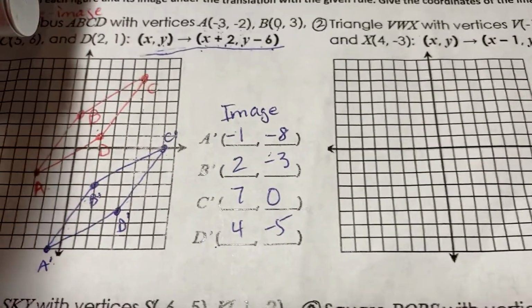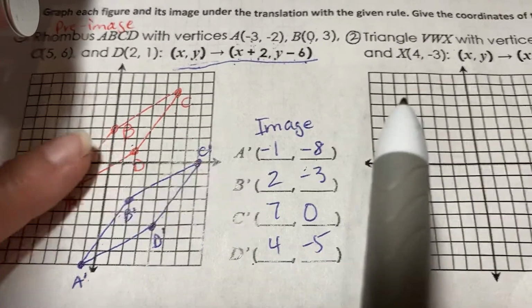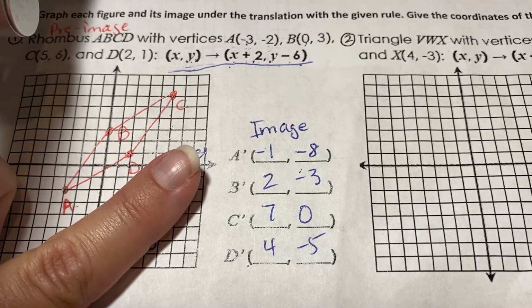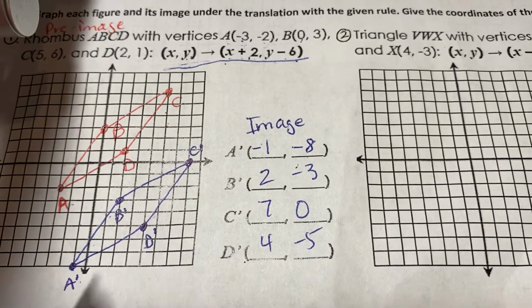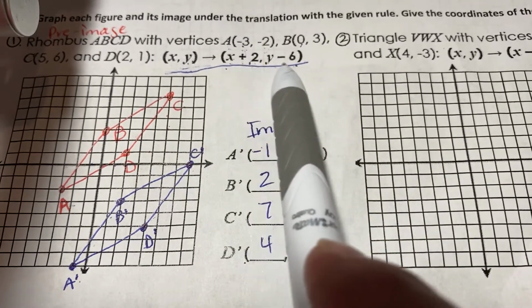All right. Here are all my points. And if you'll see, this pre-image here slid down to the new spot, the new image, okay? Here are my points, +2, -6.